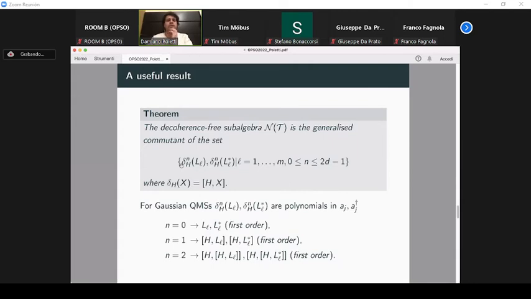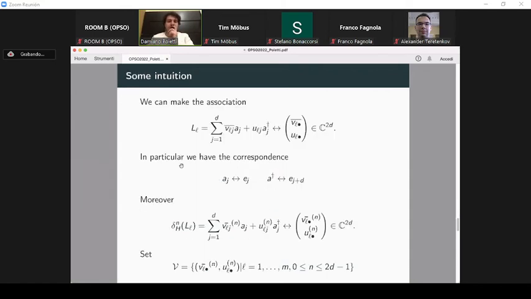And this allows us to use this result and characterize the decoherence-free subalgebra of Gaussian quantum Markov semigroups. The idea, let me briefly discuss it, is that we can further simplify the situation by switching from looking at operators, which are linear combinations of a_j and a_j daggers, to simply looking at their coefficients.